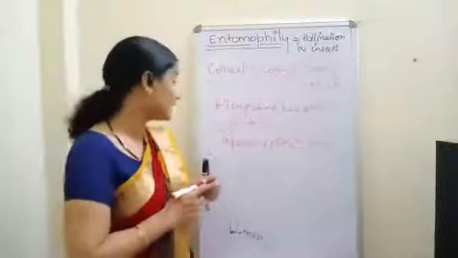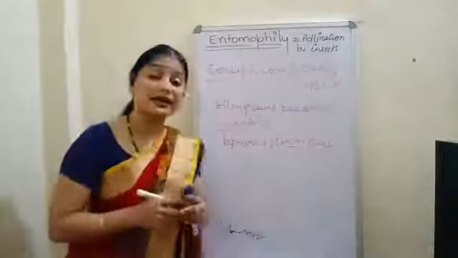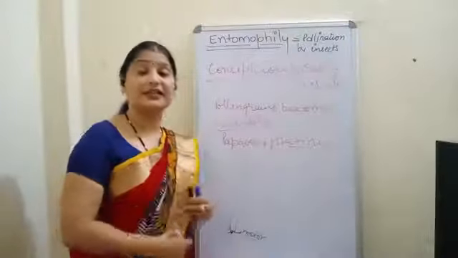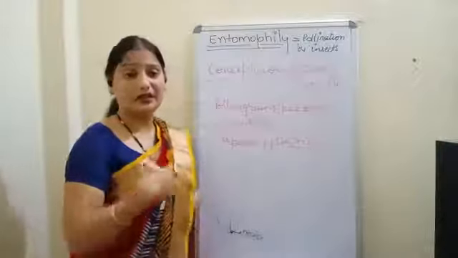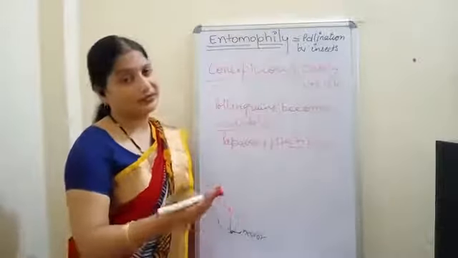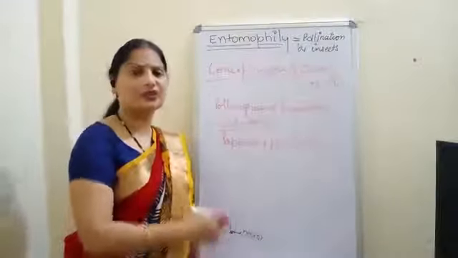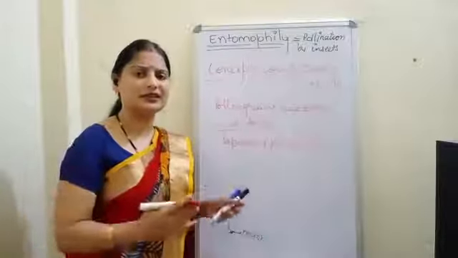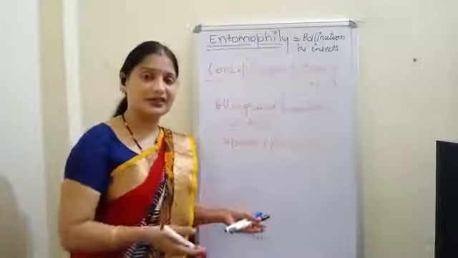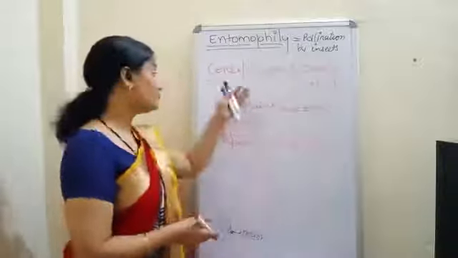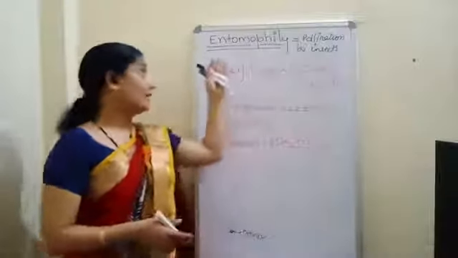What happens in this case? The pollen grains are edible. So insects will eat these pollen grains, and some will fall on the flower, then they will start fertilization and germination. So this is about entomophily.